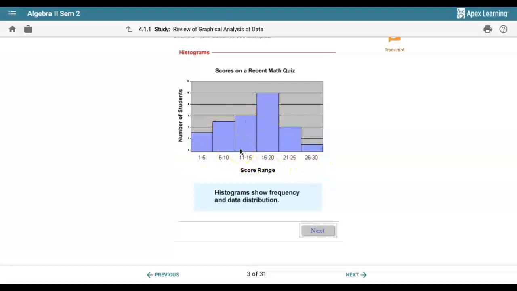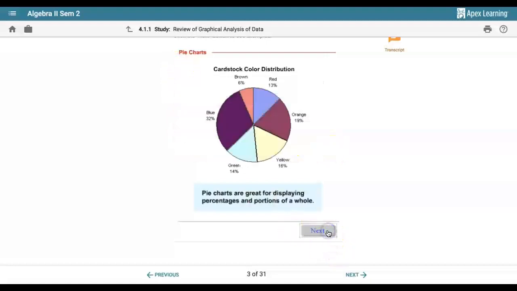All right, and those boxes are at different heights based on their output values. All right, so if we look here, histograms showing right here, this is showing frequency and data distribution, right? So it's showing how frequent and the distribution across these different categories, right? So we have different categories. How are those distributed? Based on the frequency of them.